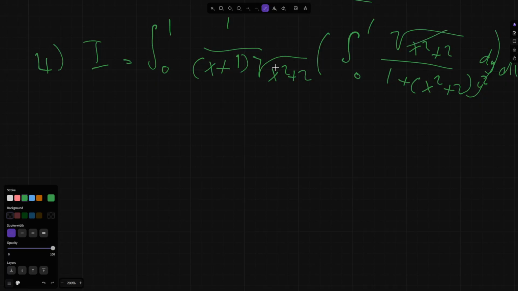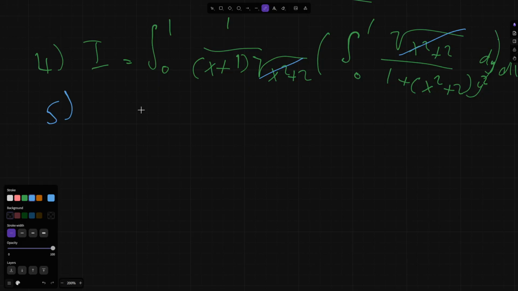So we are left with, let's say step 5, the denominator in the outer integral.